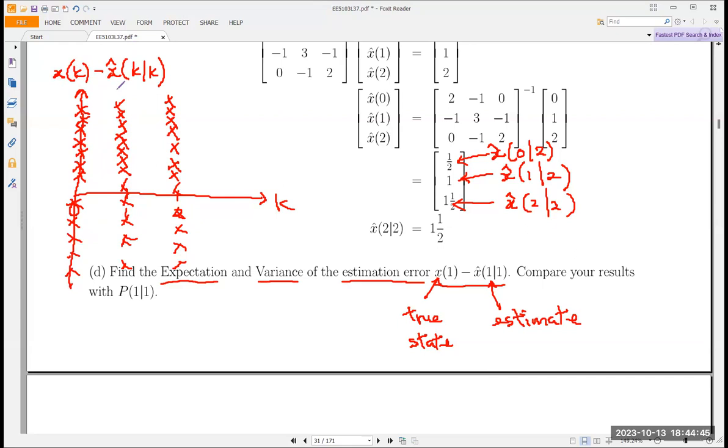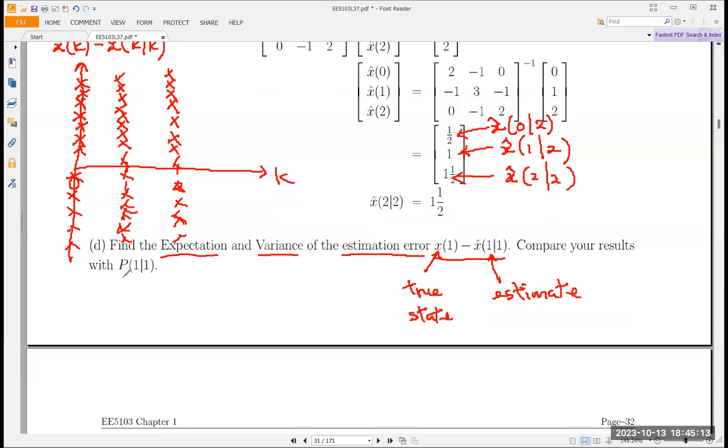Sometimes your sensor says higher than your thermometer, sometimes your gun is lower than your thermometer, so you have plus and minus. Then you find the average of this, the expectation. Then for the variance, you will have to do the following. Take all of these. We are interested only at 1 o'clock.